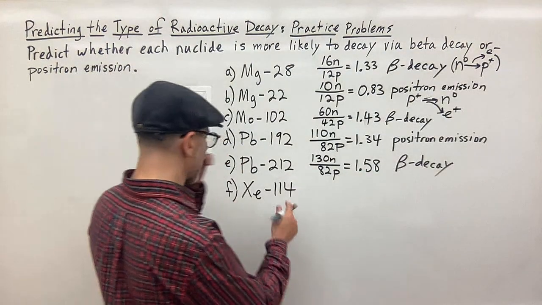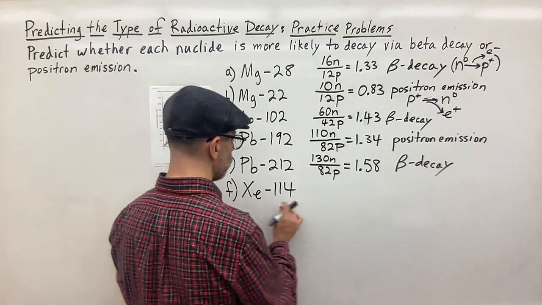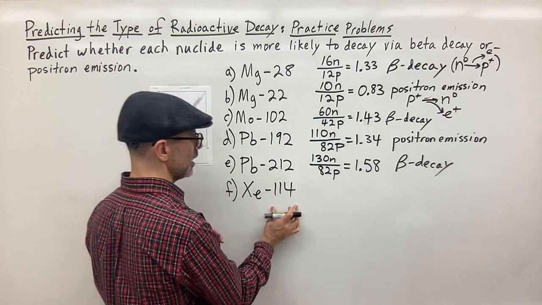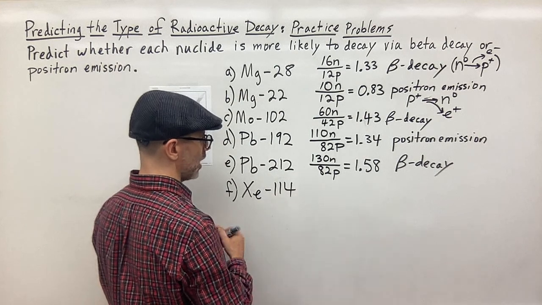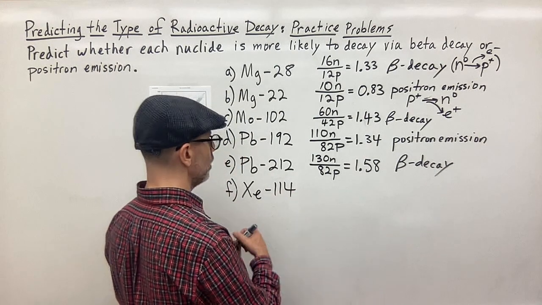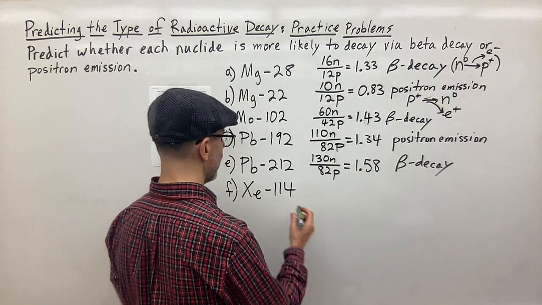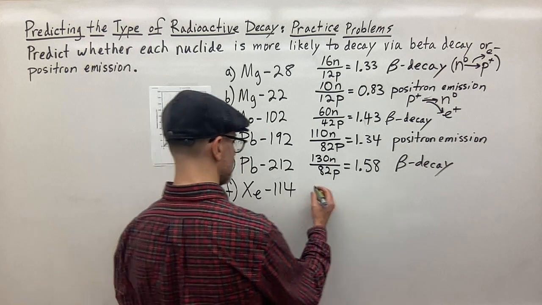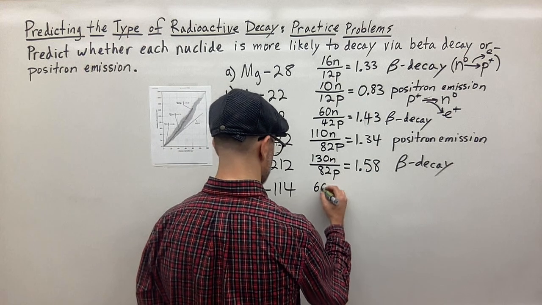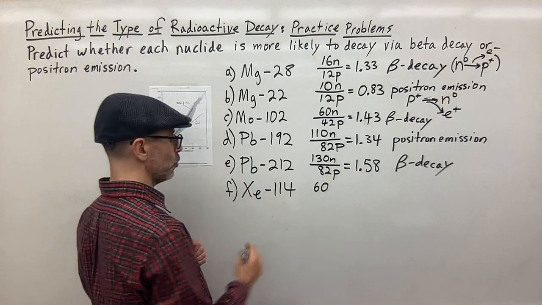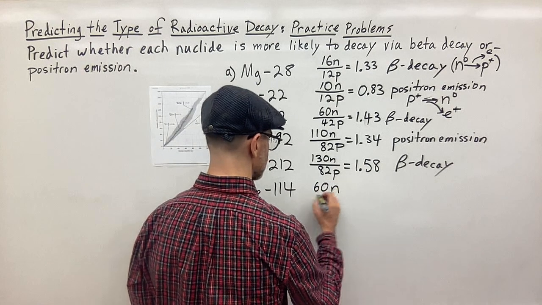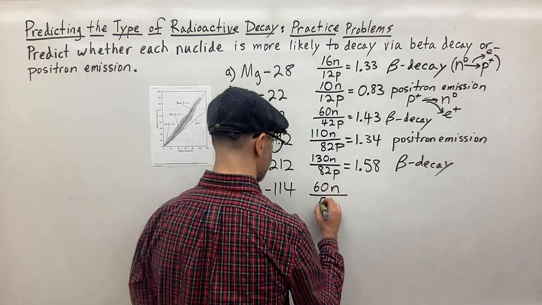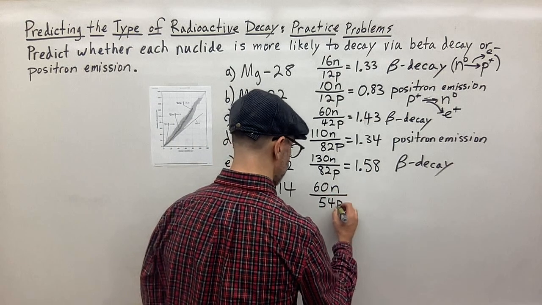So we're going to subtract 54 from this 114. 114 is the neutrons and protons. We're going to subtract out 54 of the protons, and that's going to leave us the neutrons. And so we get 60 neutrons left over, and we're going to have 54 protons.